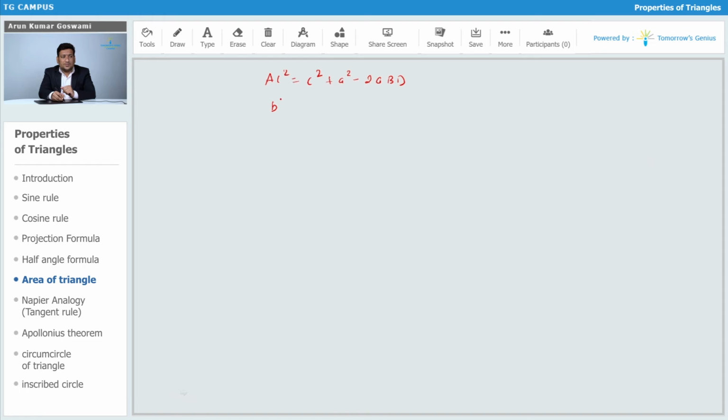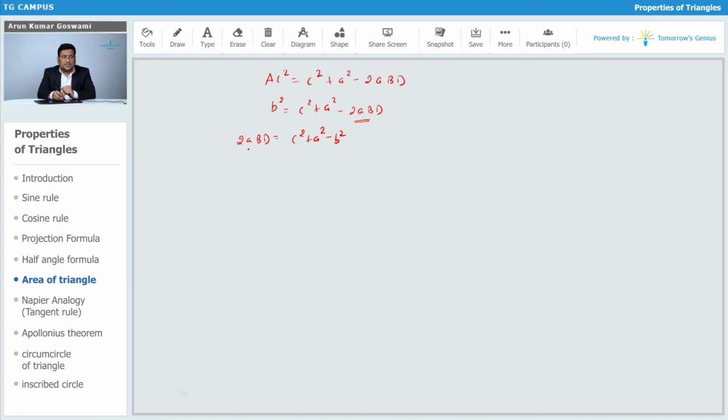So I can write b square is equal to c square plus a square minus 2aBD. As you can see, now I will bring this 2aBD term to the left hand side, and I'll bring my b square to the right hand side, so 2aBD equals c square plus a square minus b square.